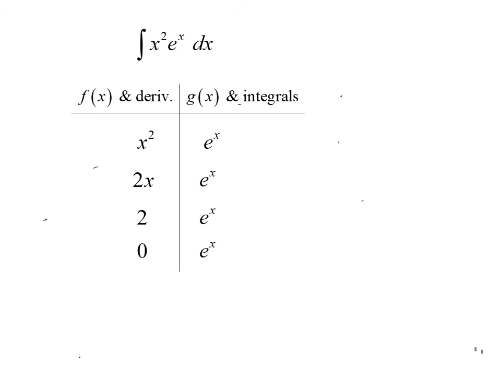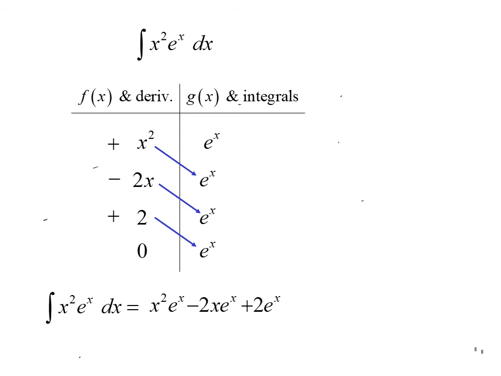Okay, so the result will be like, as we see, positive, negative, positive, and the integration of x square e power x will be like this: x square e power x, right? And negative 2x e power x and positive 2 e power x plus c.